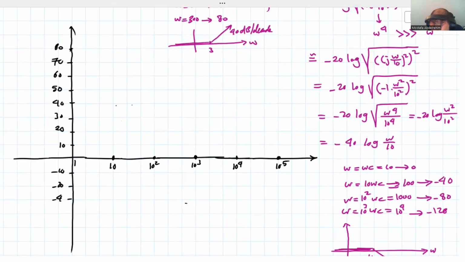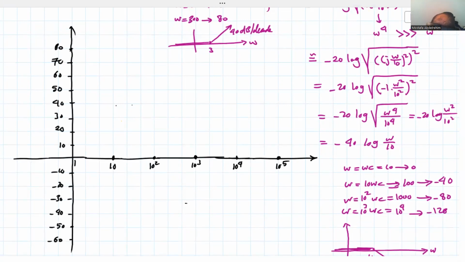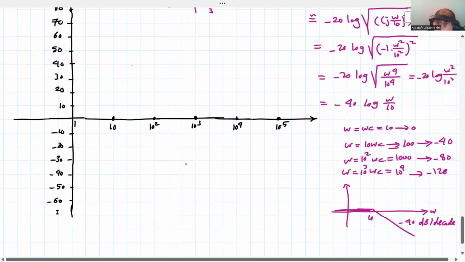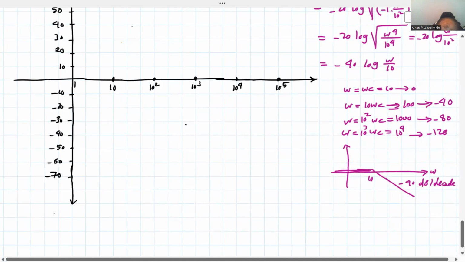Oh, we have to have the same scale. 10, 20, 30, minus 40, minus 50, 60, 70, and 80. Minus 70, minus 80.